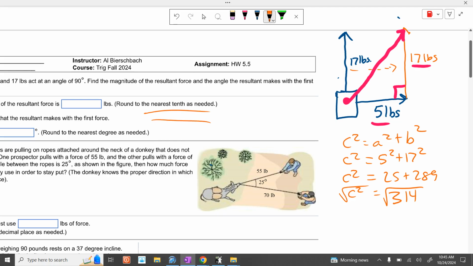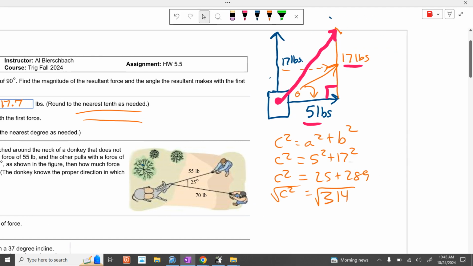What's the square root of 314? 17.7 pounds. Okay? Now, what direction is it going in? Well, it's this direction. Well, what's that direction? Well, if I could find this angle somehow, well, I have an opposite, I have an adjacent.